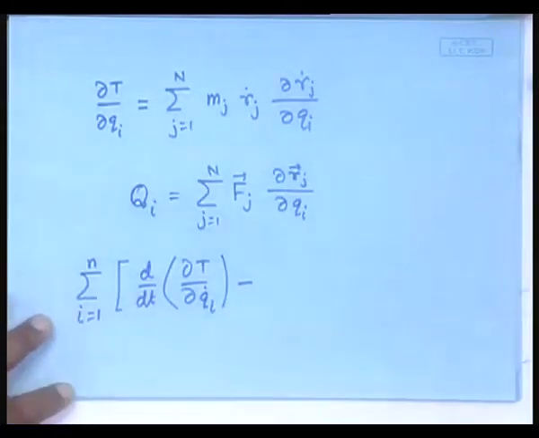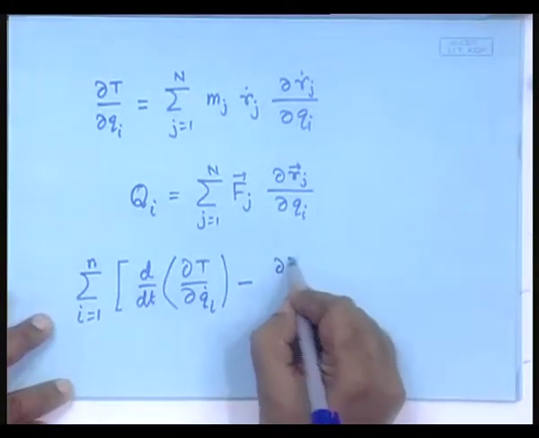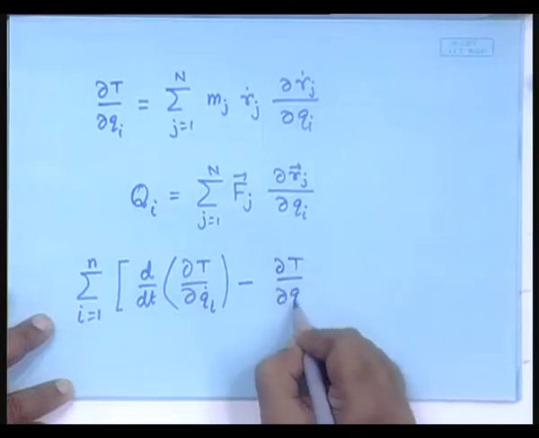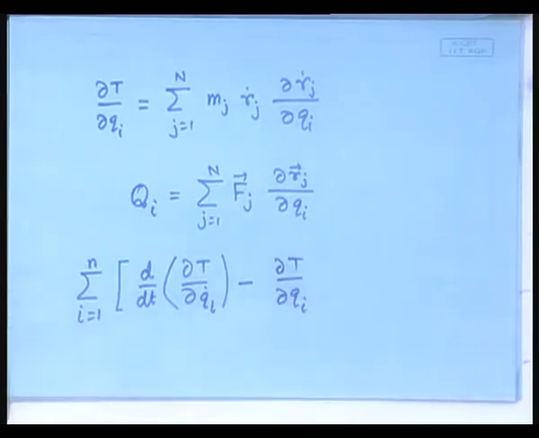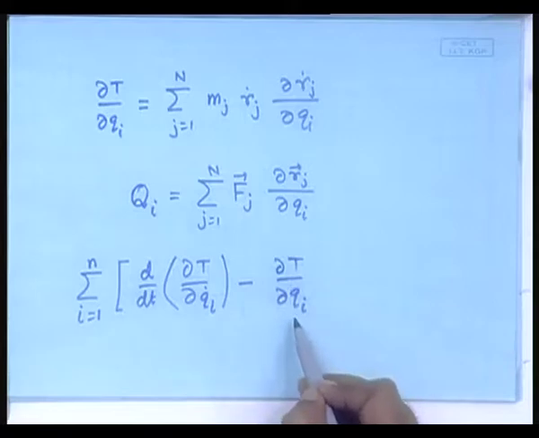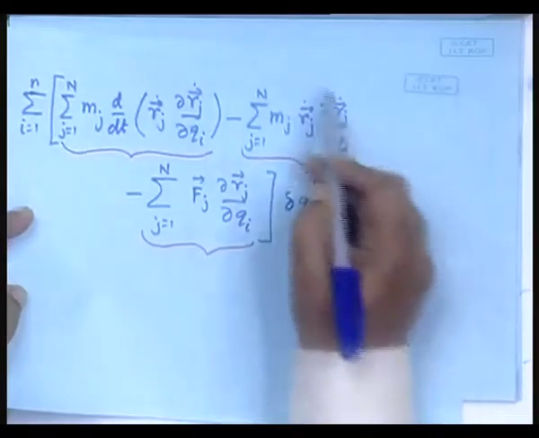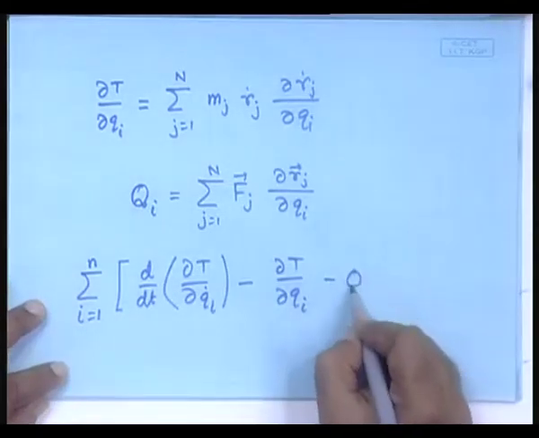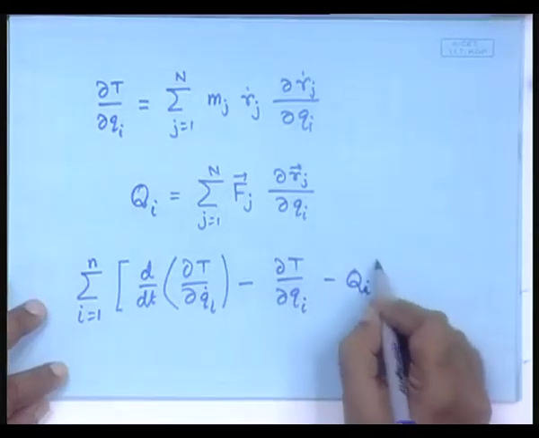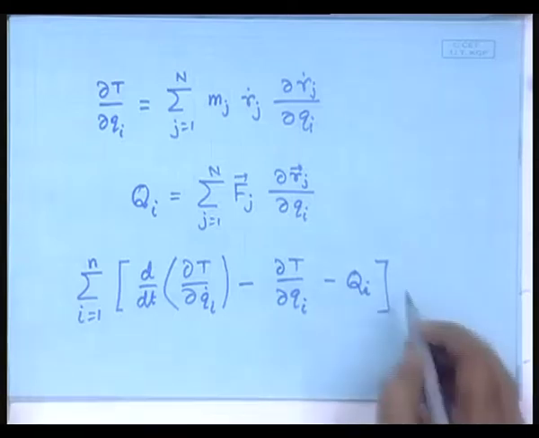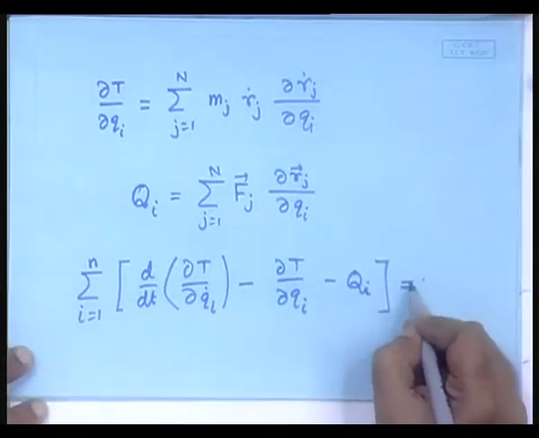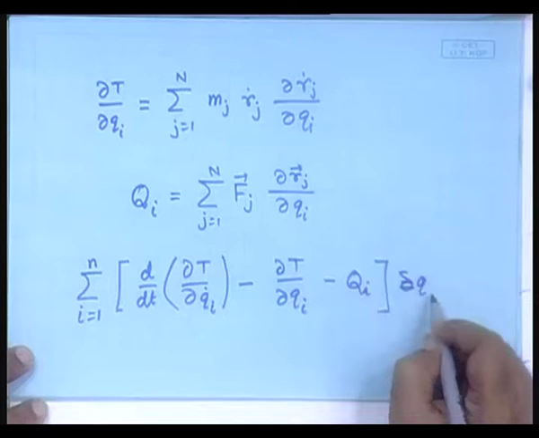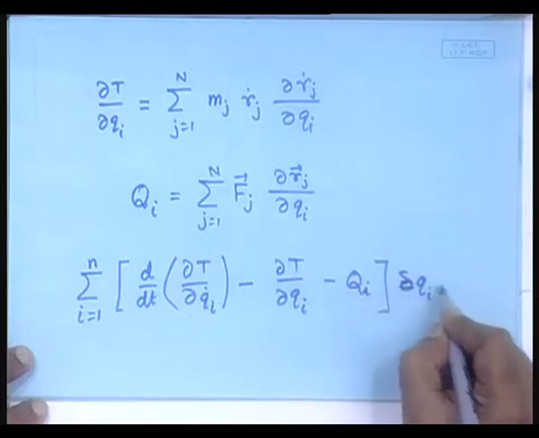So, we have dou T by dou q I, that is the second term, and the third term is minus simply Q I. This whole thing, sorry, it has to be multiplied by the admissible motion, is equal to 0.